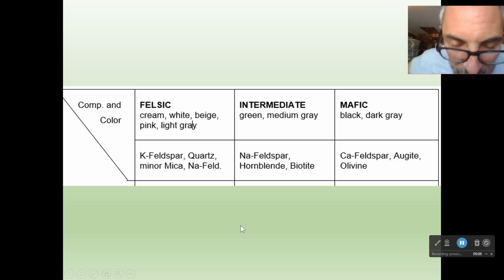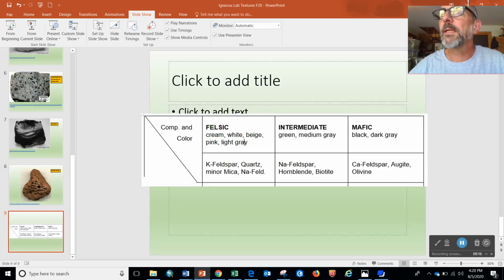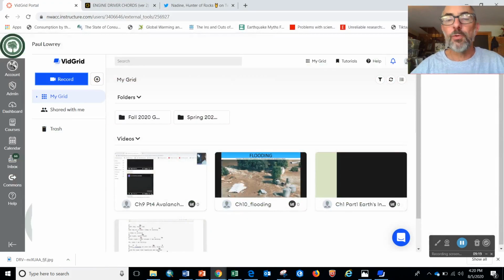So here is what I want you to do for this week's lab. It's a 2-parter, again, as usual. So let me put this down, and I want you, in your lab kit, to get out samples 19 through 26. Samples 19 through 26 are the igneous rocks.